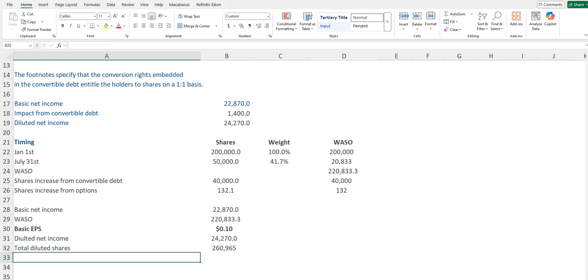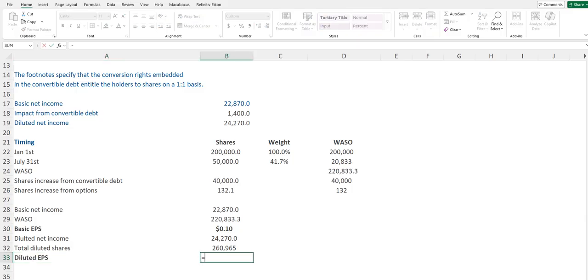So we will get to diluted EPS now, and that's the diluted net income divided by total diluted shares.